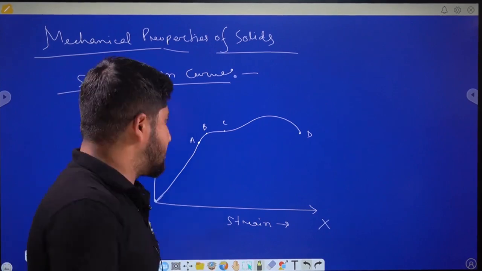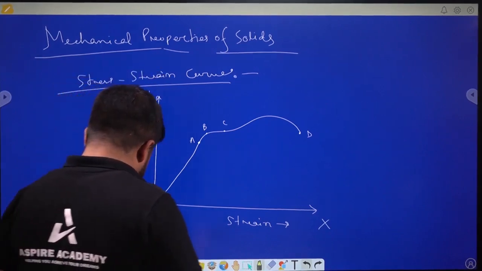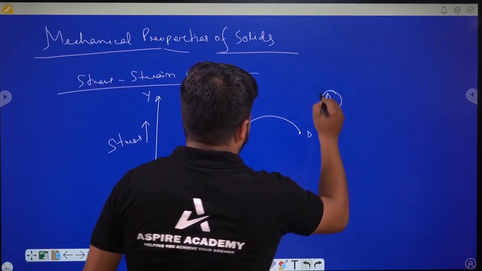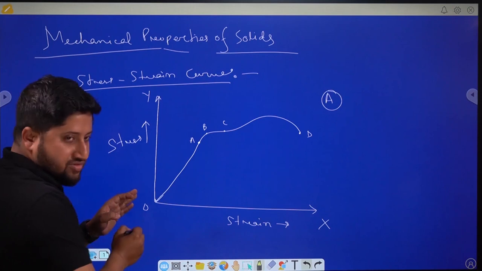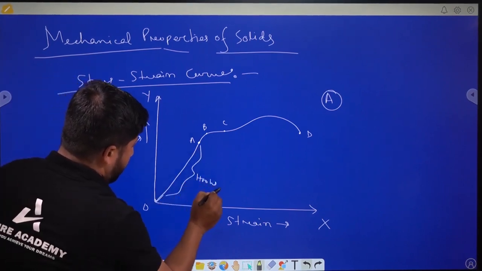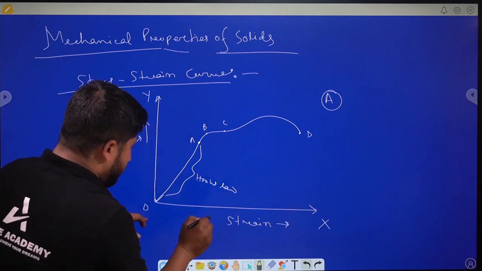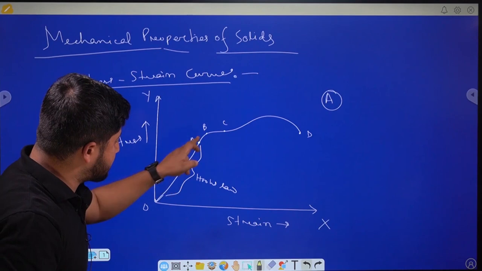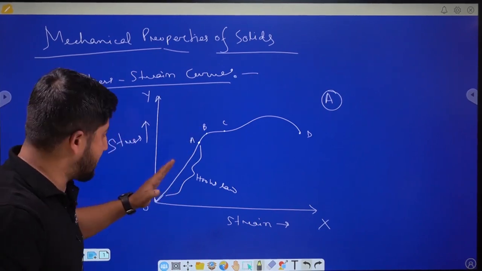So what is the stress-strain curve? At point A, stress is directly proportional to strain. This obeys Hooke's law, because this is a straight line, a directly proportional curve. Stress is directly proportional to strain in this section.